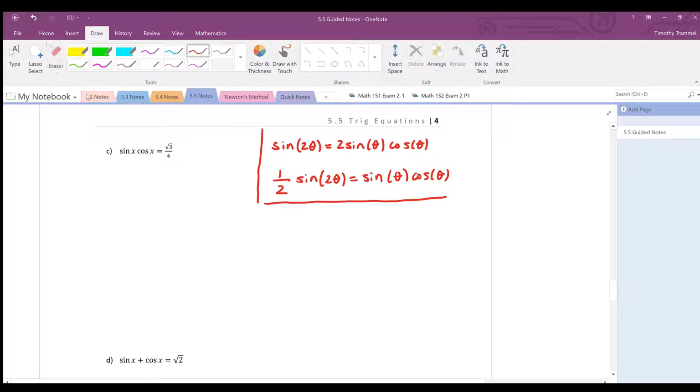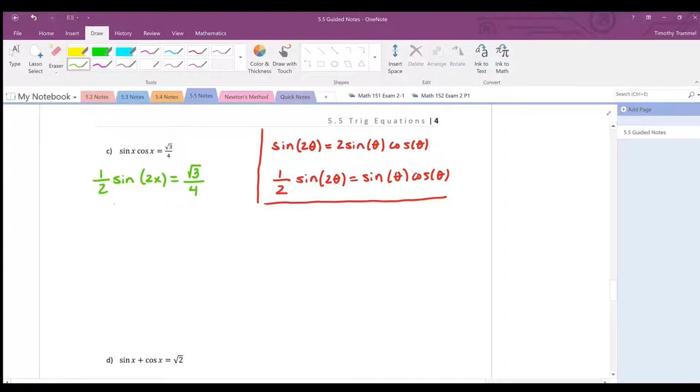Let's see what this has done for us. This means that we can rewrite sine x cosine x as now 1/2 sine of 2x is equal to the square root of 3 over 4. Okay. Now we just have a single trig function. This is good. Okay.